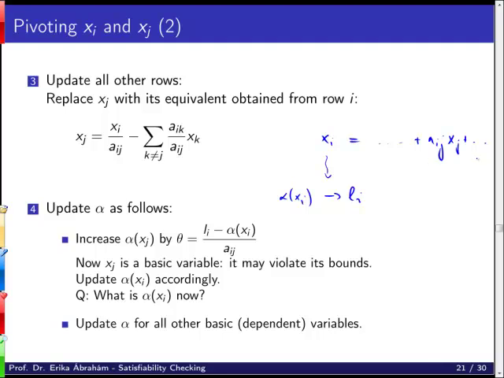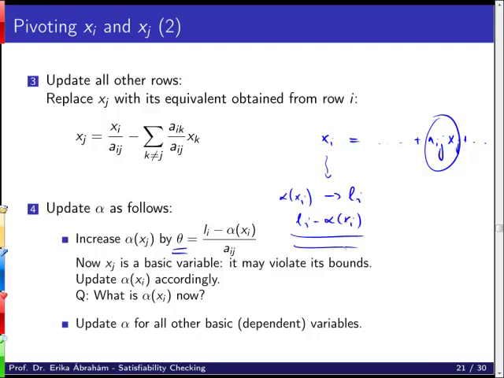Now on the right-hand side, I must change the value exactly by this value, and this value is li minus alpha of xi. This is the difference for xi. And now I put all this difference into this term. That means if I change the value of this term by theta, the change of the value divided by aij and multiplied by aij, then I get exactly the term. So this theta gives me the exact value with which I must change the value of xj such that I compensate this change on the right-hand side.